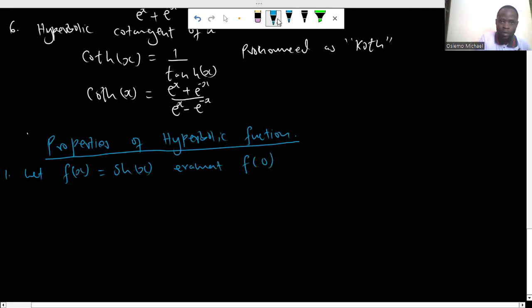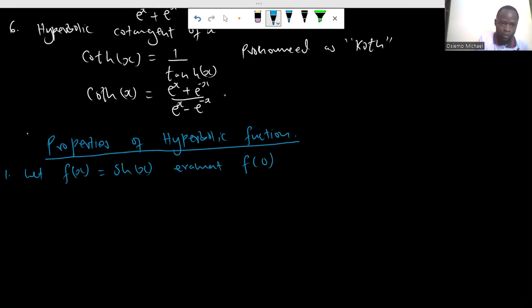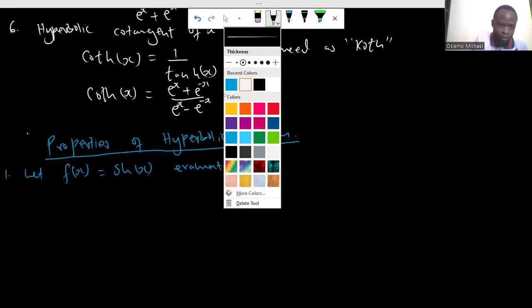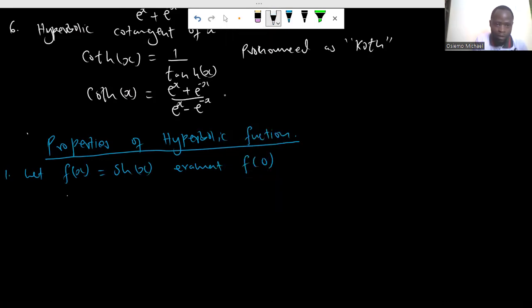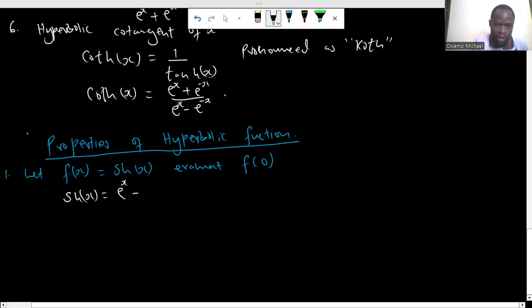So in this, we're going to have the solution. So how have we defined our sinh of x? We have defined it as sinh of x is equal to exponential x minus exponential negative x all over 2.